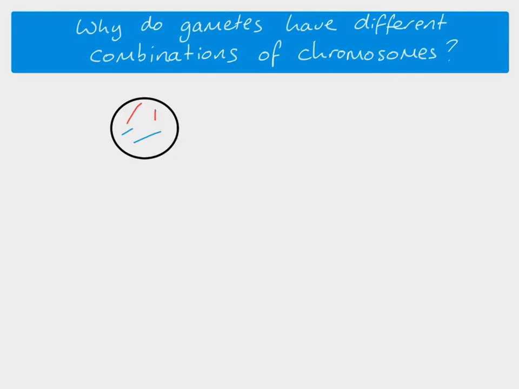So at the beginning of meiosis, the first thing that would happen is that these chromosomes would replicate. The DNA would replicate. And then the homologous pairs would pair up. During metaphase 1, the homologous pairs would line up along the equator like this. There's one homologous pair, there's the other.